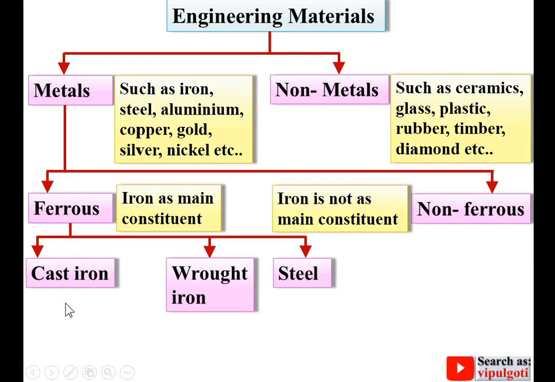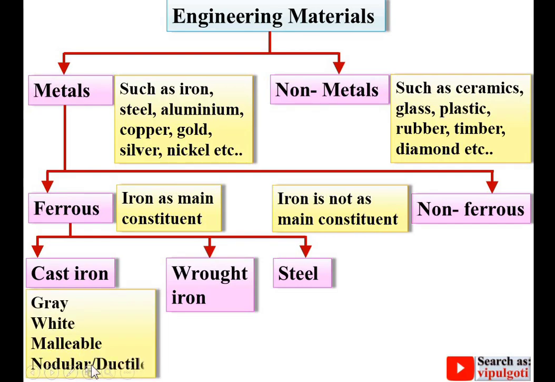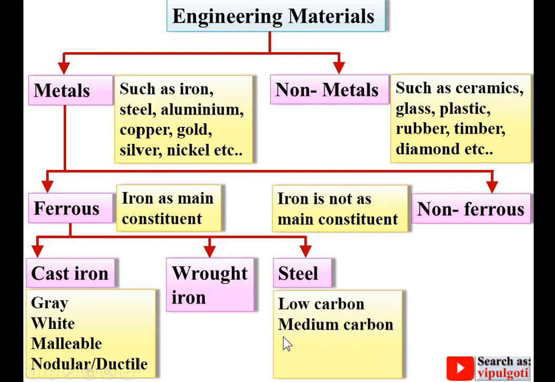Cast iron is classified into grey cast iron, white cast iron, malleable cast iron and nodular, or sometimes called ductile cast iron. Wrought iron is not classified further. Steel is further classified into four categories: low carbon steel, medium carbon steel, high carbon steel and alloy steel.